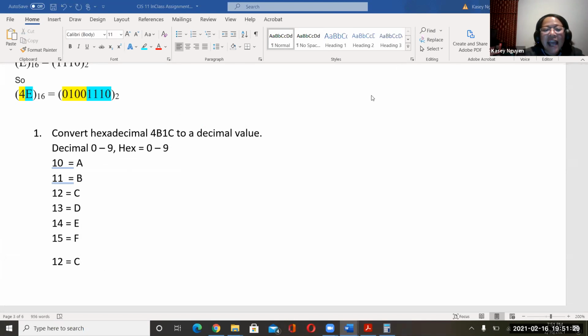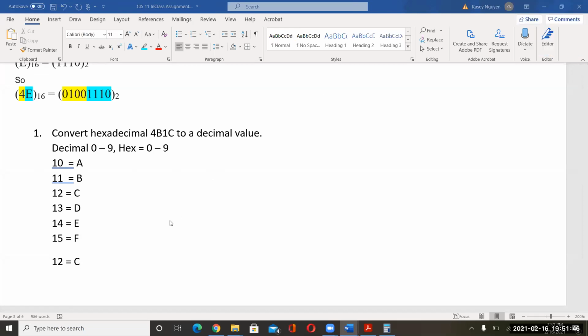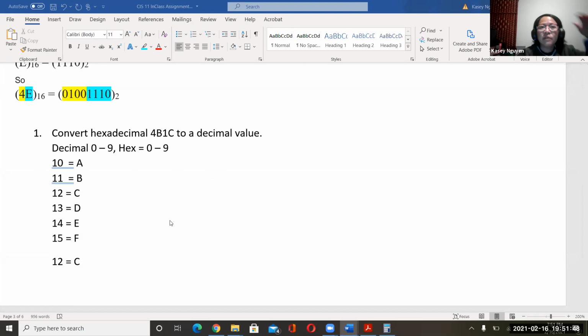Yeah, so 10 is always going to be A, not 0. 0 is 0. A through F is 10 to 15, because hexadecimal has 16 digits, 0 through F. 0 through 9 are numbers and A through F are letters, right?